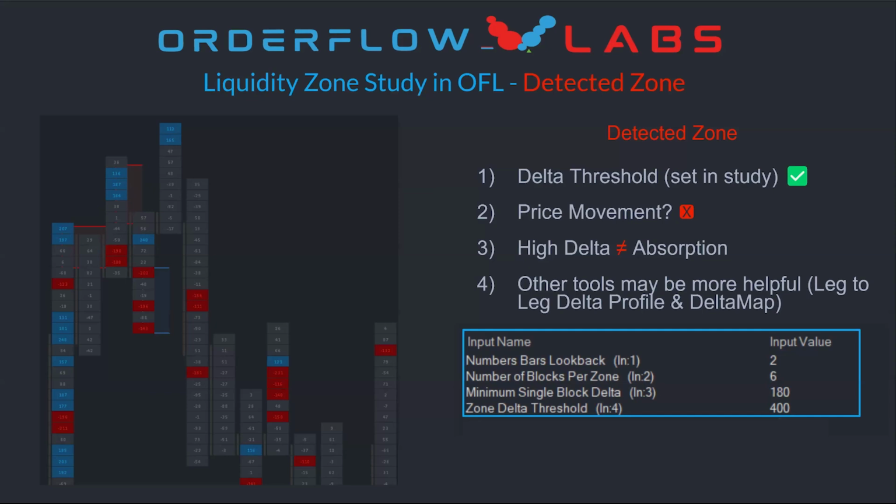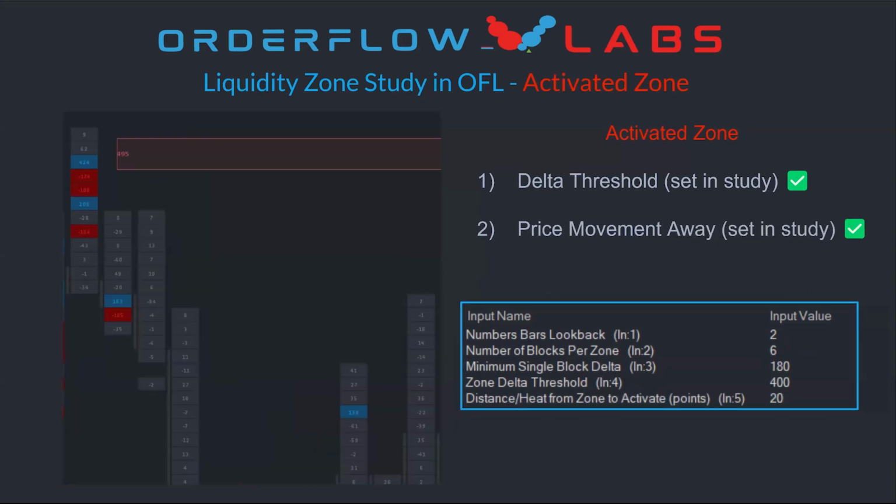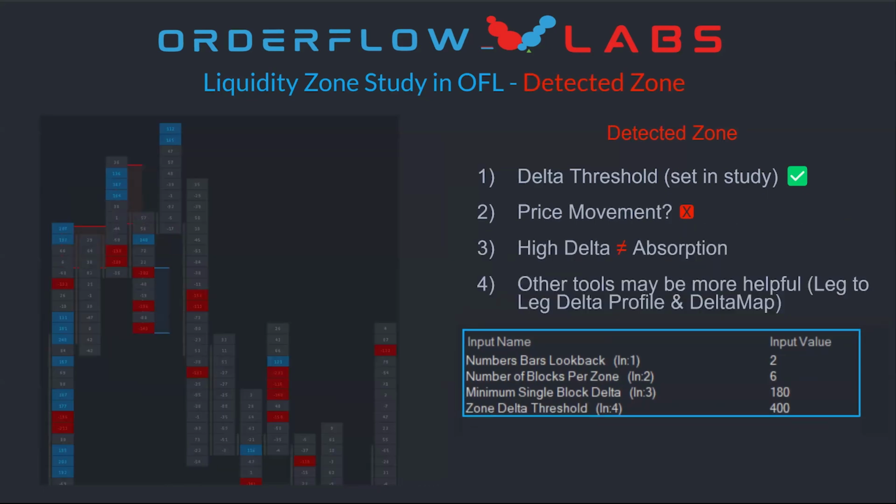Basically, the only difference between a detected zone versus an activated zone is that for the detected zone the only requirement it's looking for is that delta threshold. So again, one block of 180 and the whole zone of 400. If any bar meets that criteria, then you're going to get a zone print.